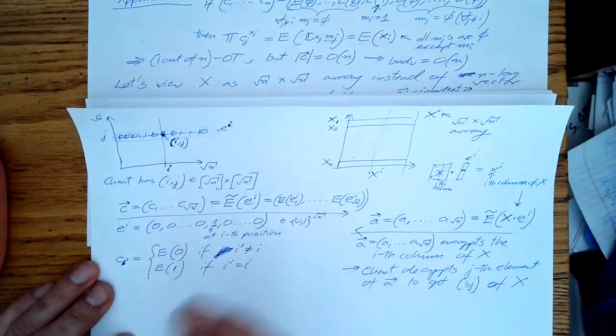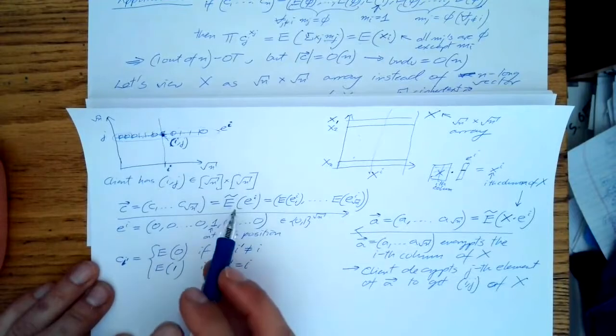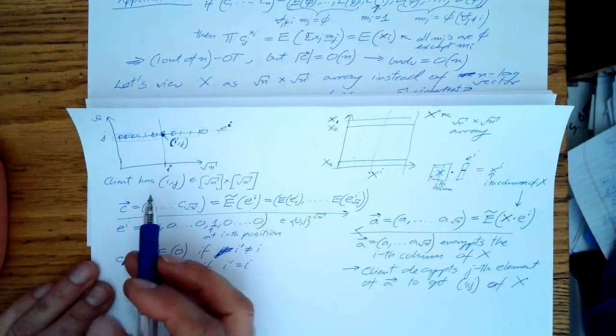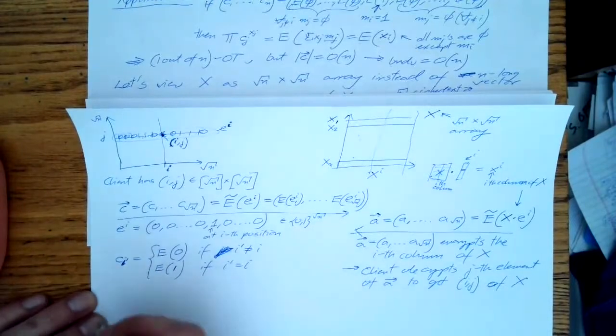I mean the indicator vector, right? That is one at the column I want to retrieve.